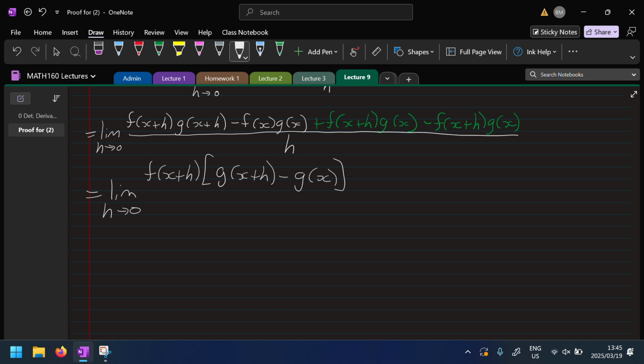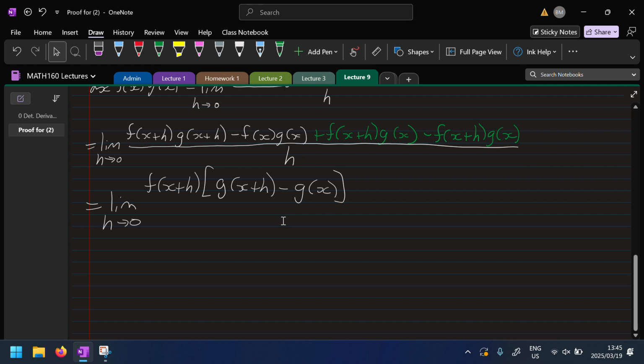So the terms with f of x plus h are grouped together. Everyone see that? Okay, so there's f of x plus h with g of x plus h, and then the second from the end there, f of x plus h, g of x. I put that together. That last one I put together there. Okay, plus, then I'm going to take out a g of x, and what's left over?